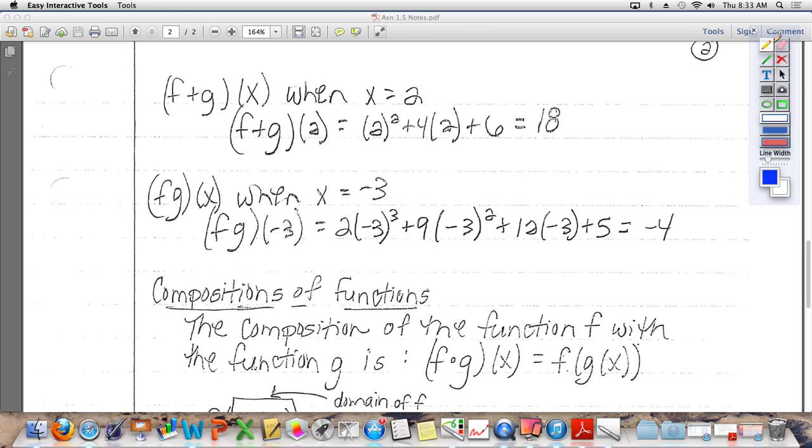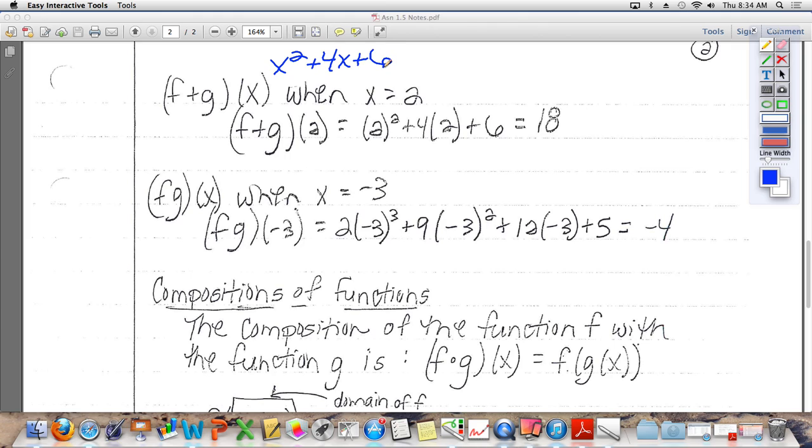F plus g of x when x is equal to 2. So now you have to look back in your notes. When you added together f and g of x, you ended up with, I believe, help me out here, you guys, was it x squared plus 4x plus 6? Yeah.